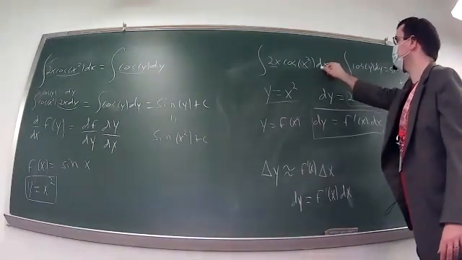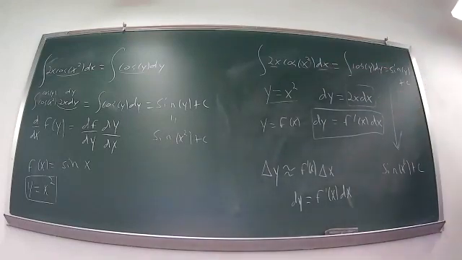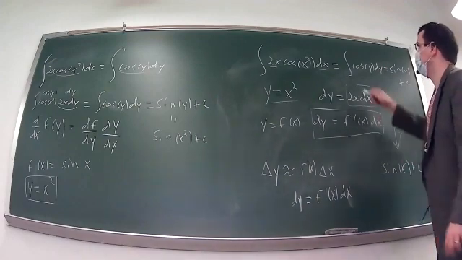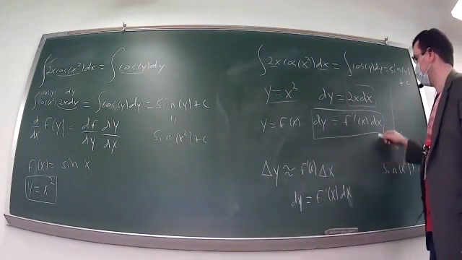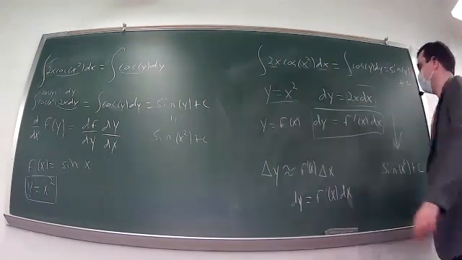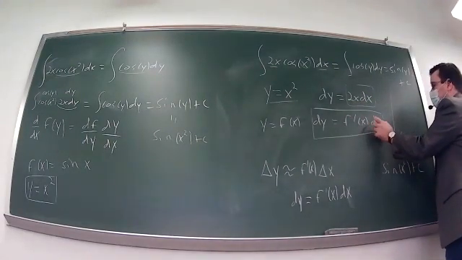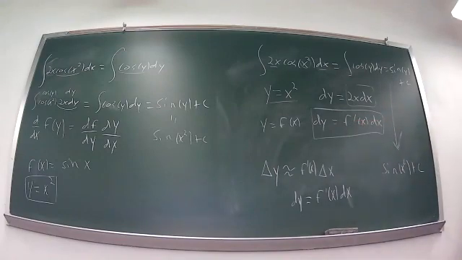When you're changing from variable x to variable y, you don't just get to do that with no other substitution. You have to respect the fact that an infinitesimal change in variable y actually corresponds to an infinitesimal change in variable x times the derivative. So that's where that is coming from.